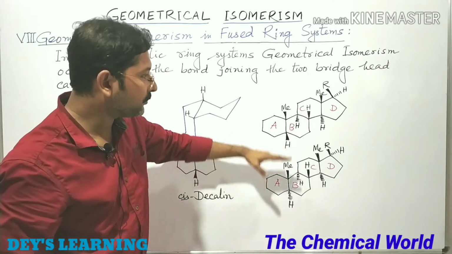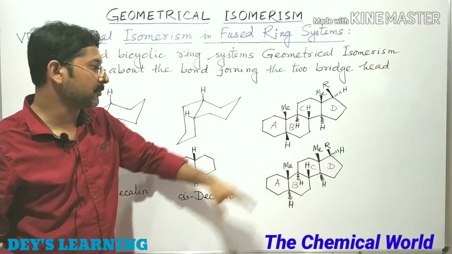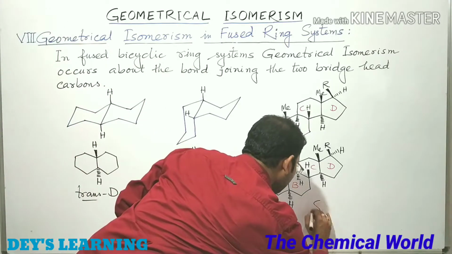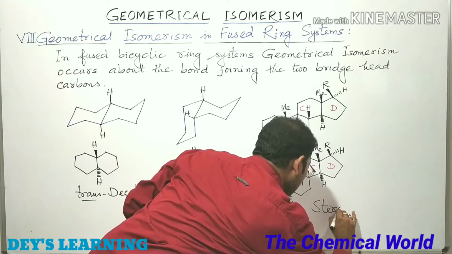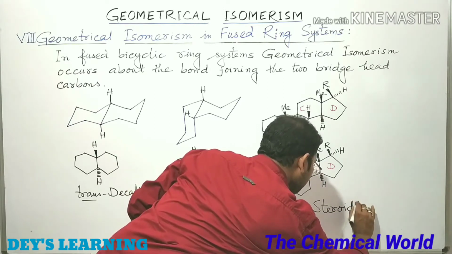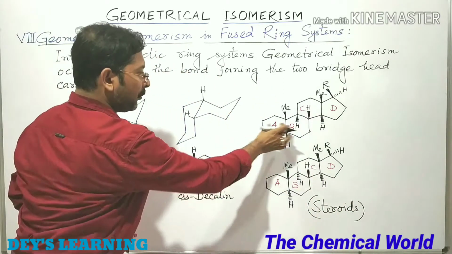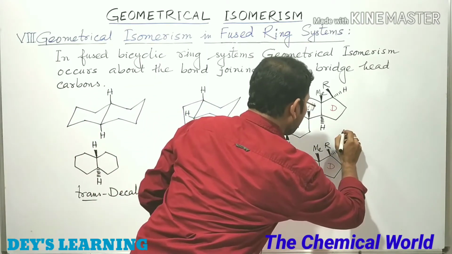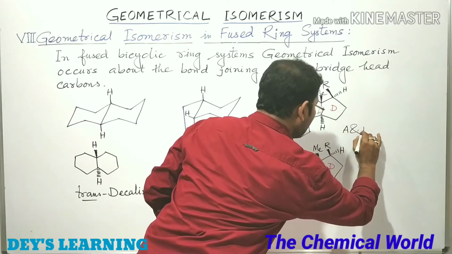So these two are obviously geometrical isomers. This is a steroid system. These are steroids. In this compound, A and B are in cis fusion.